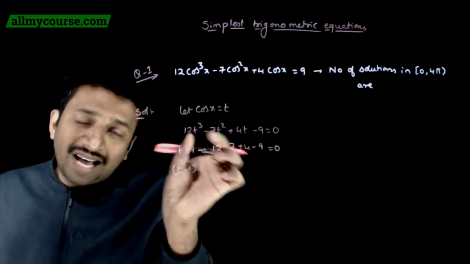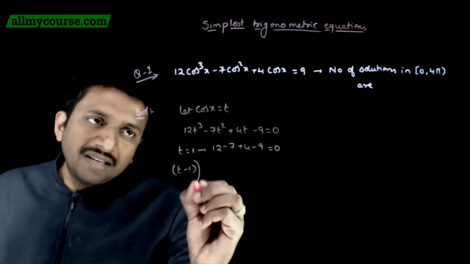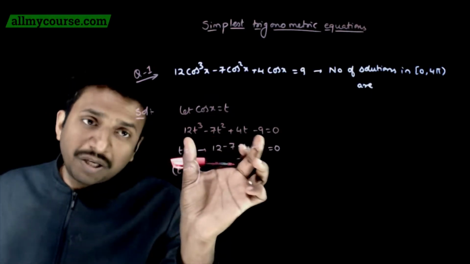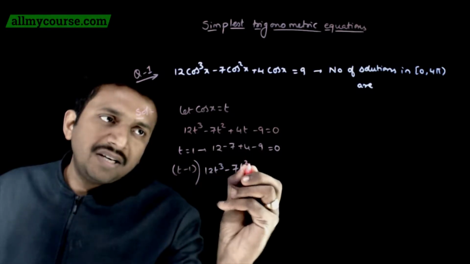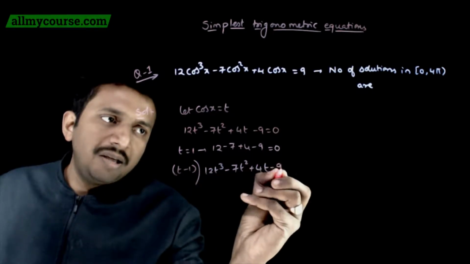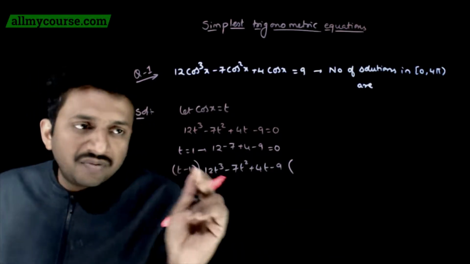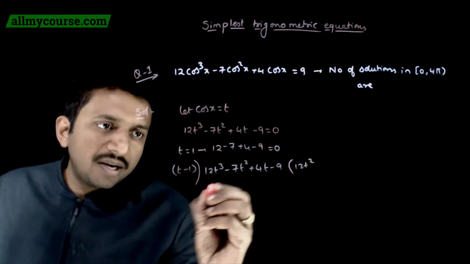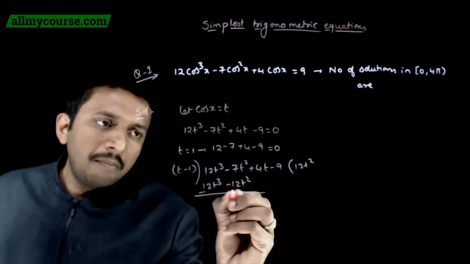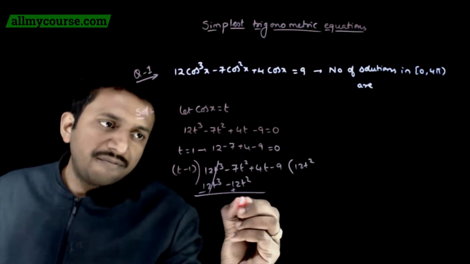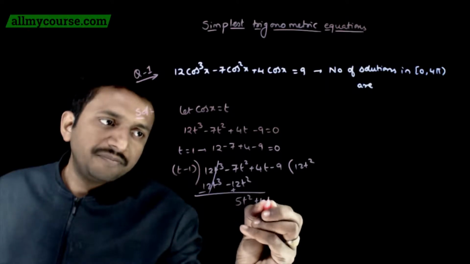So let us find the other factor. I'll divide this expression with t minus 1. So 12t³ minus 7t² plus 4t minus 9. If you divide this with t minus 1, you have 12t². So you have 12t³ minus 12t², minus plus. So you have 5t² plus 4t.